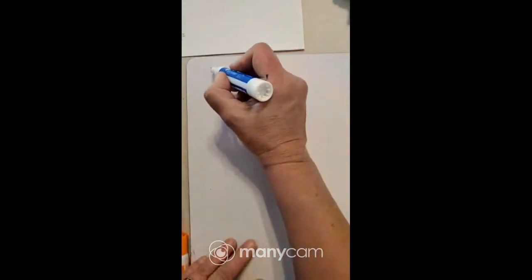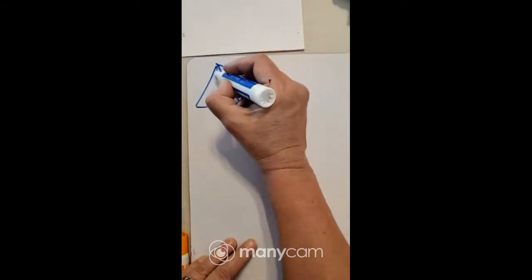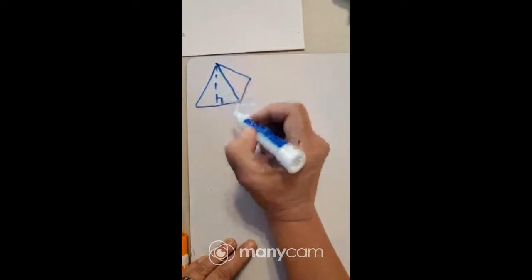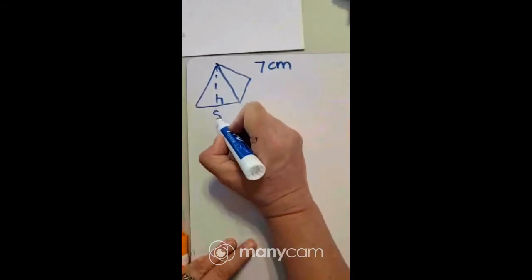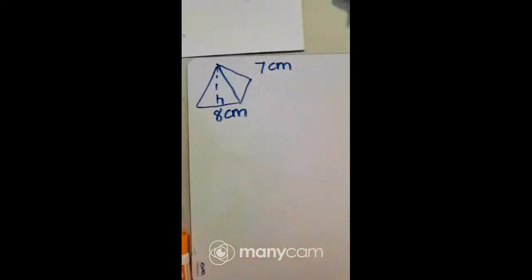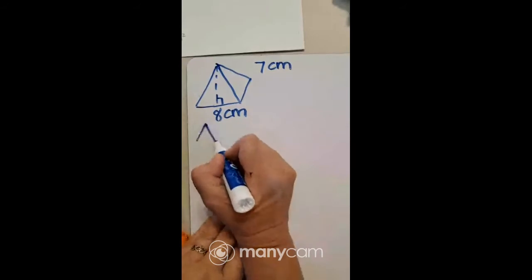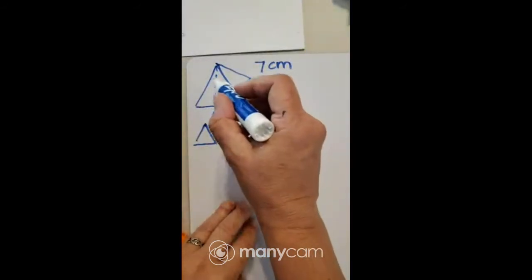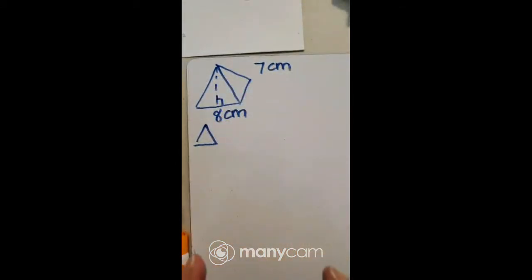So today we're going to talk about a pyramid with a lateral height right here of 7 centimeters and a base of 8 centimeters. When we're finding surface area, we're talking about the area of the entire outside. So think about how many triangles make up a rectangular pyramid.